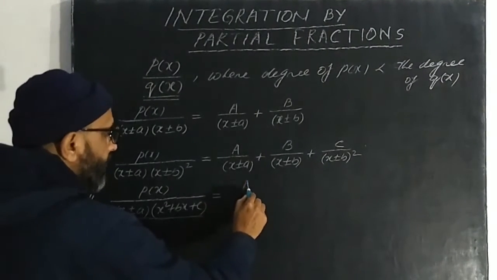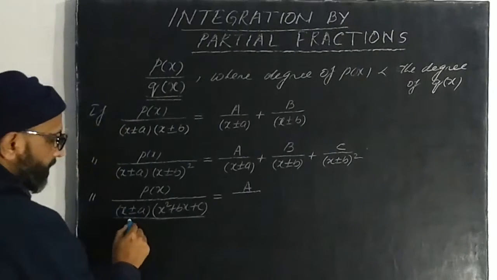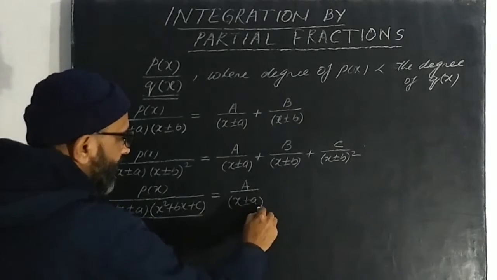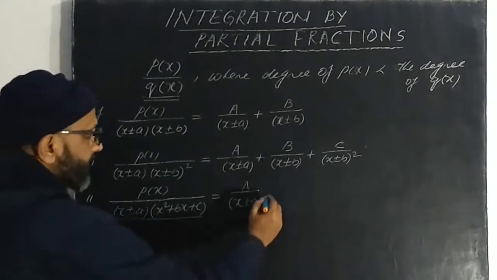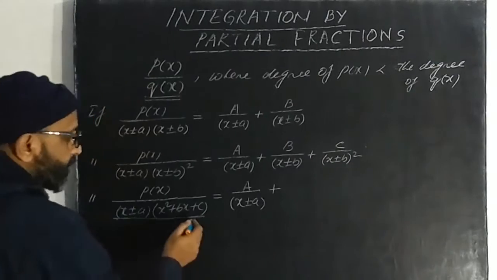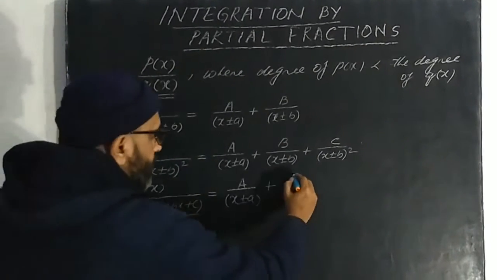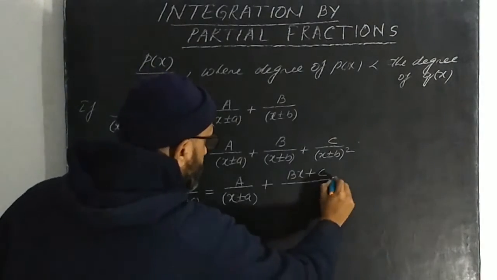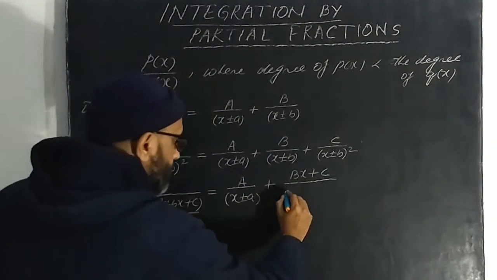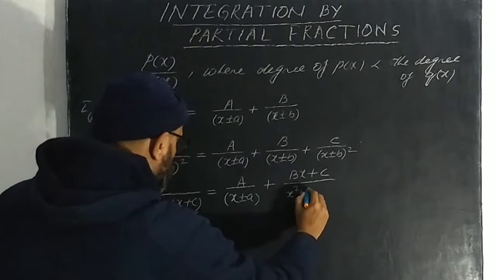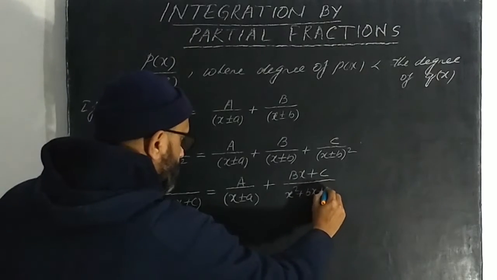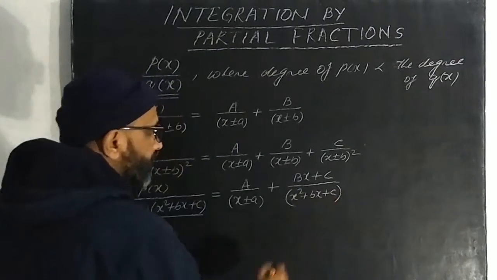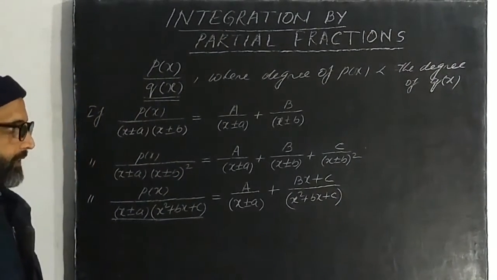Then we assume it as A upon the first linear binomial x plus or minus a, whatever it is, plus, with the numerator of the quadratic trinomial written as Bx plus C upon the quadratic trinomial x square plus bx plus c.